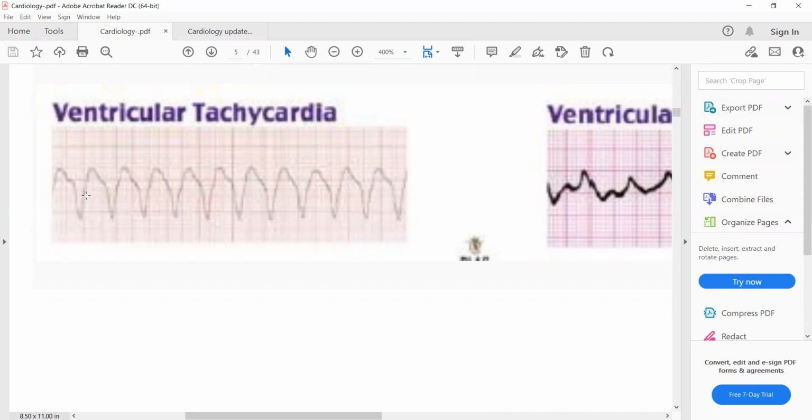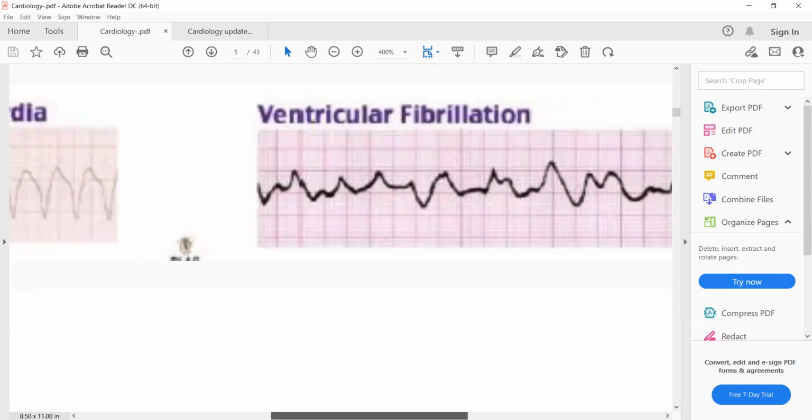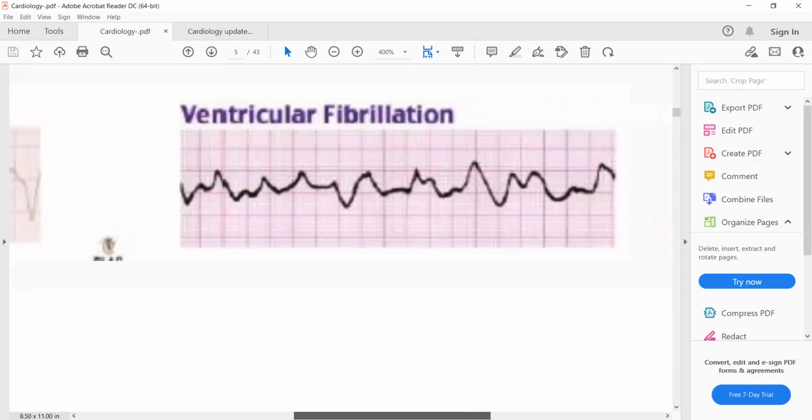You can see in this diagram that the QRS complexes are very broad. So if ECG is showing a broad complex tachycardia, then our diagnosis will be ventricular tachycardia. While in case of ventricular fibrillation, as you can see in this diagram, there's a bizarre pattern and no identifiable wave can be seen.